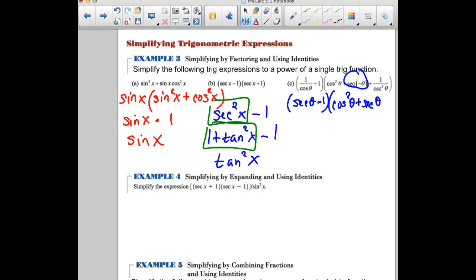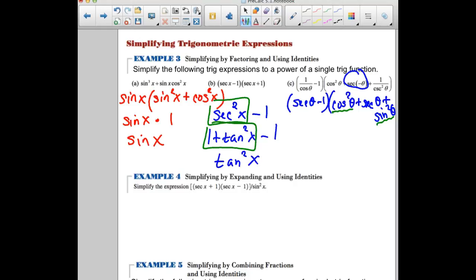And then 1 over cosecant squared theta, the reciprocal 1 over cosecant is the same as sine, and it's squared, so we have plus sine squared theta. Now looking at that second set of parentheses, we have a cosine squared theta plus a sine squared theta, and our Pythagorean identity says that that's just a 1.